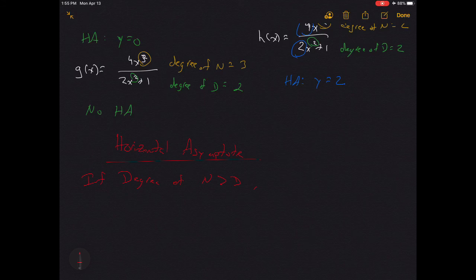That means that your horizontal asymptotes will not exist. You have no horizontal asymptotes. It will never approach a horizontal value. It will never approach a y value.